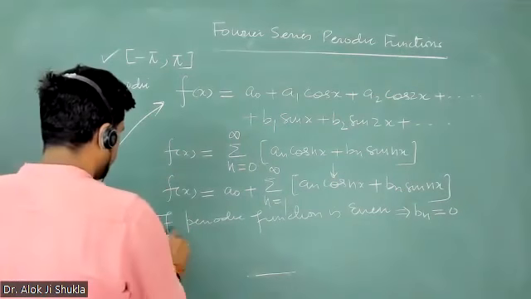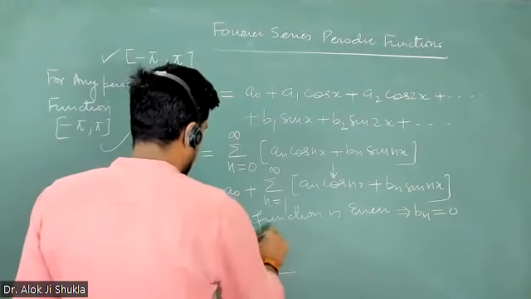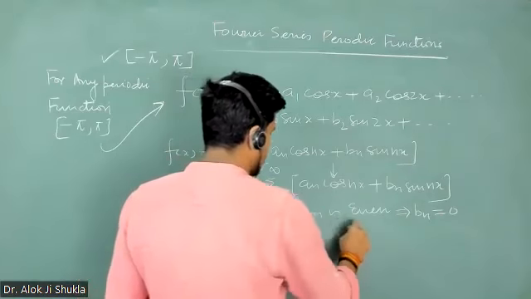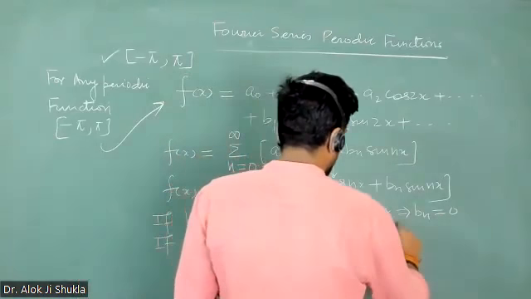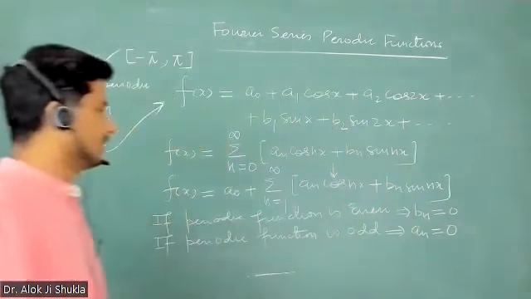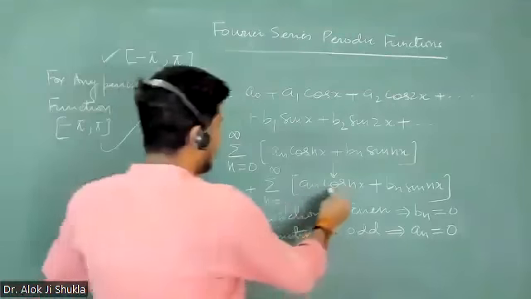And if periodic function is odd, then an will become 0. अगर fx even है तो वो even के फॉर्म में लिखा जाएगा.